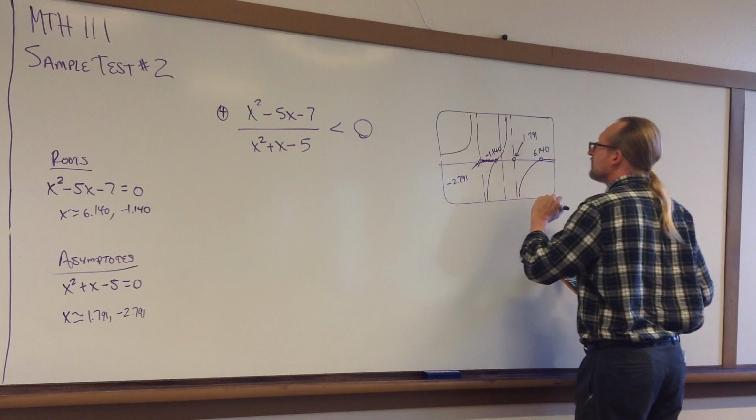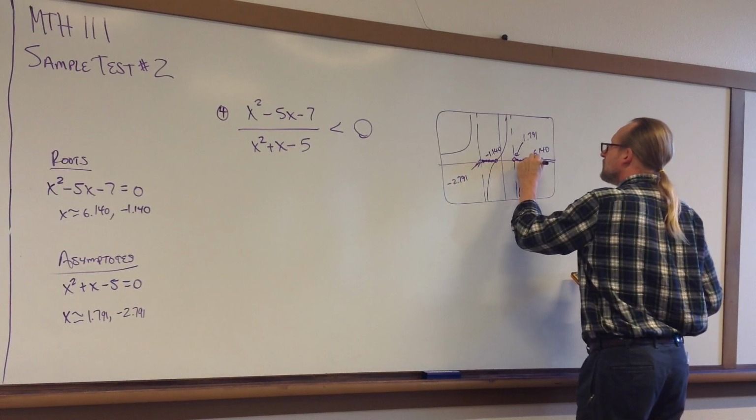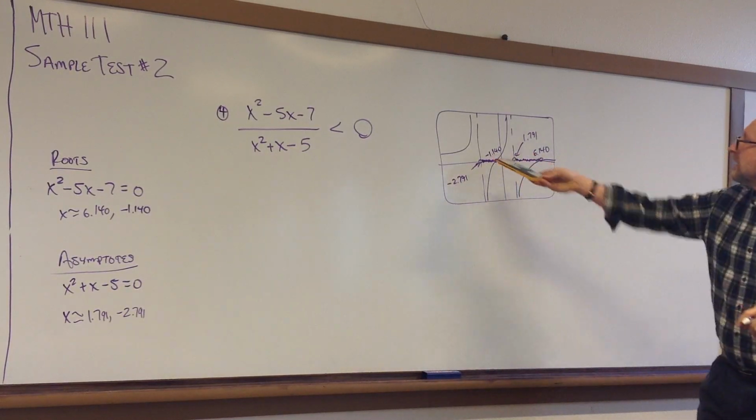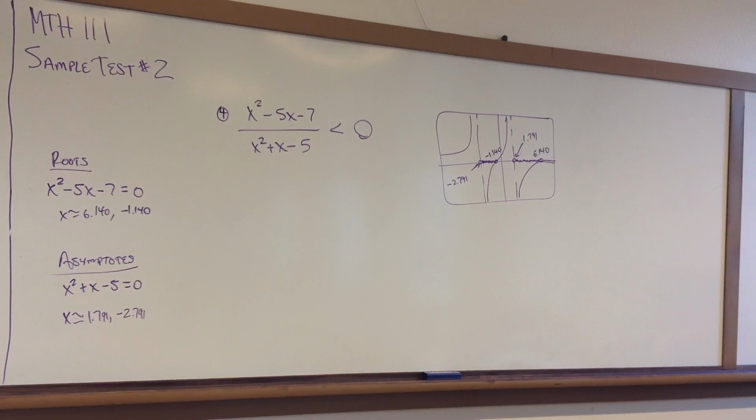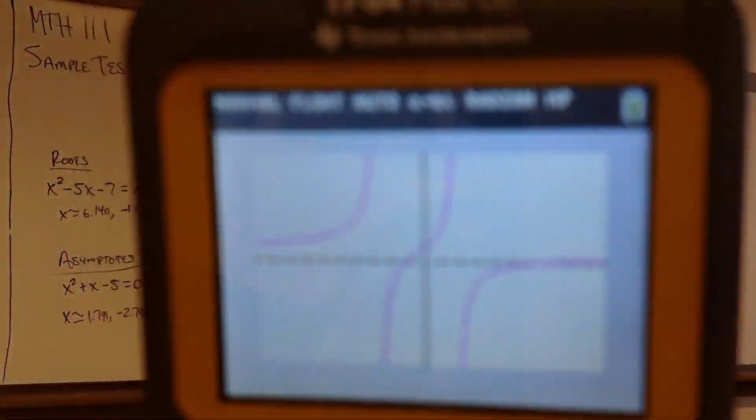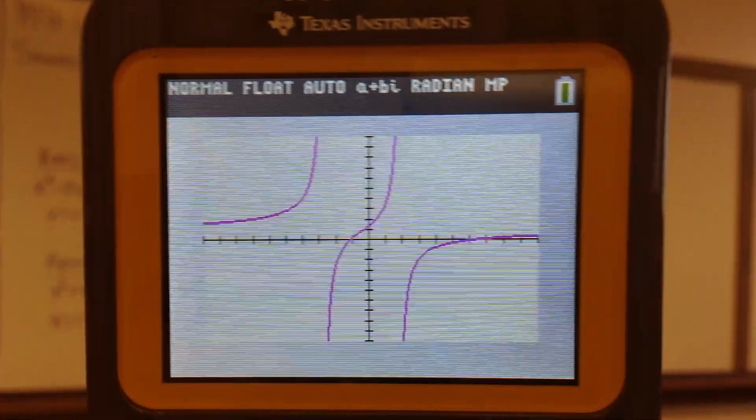Where is it negative? So we've got just these 2 regions here and here that satisfy that. Oh, and I think I didn't show this graph to the camera for problem 4. So let's go ahead and do that. So that's what it looks like.